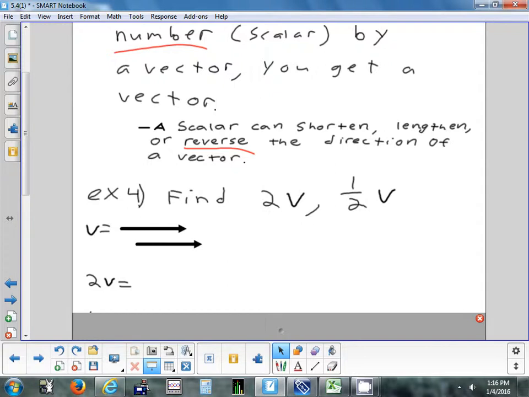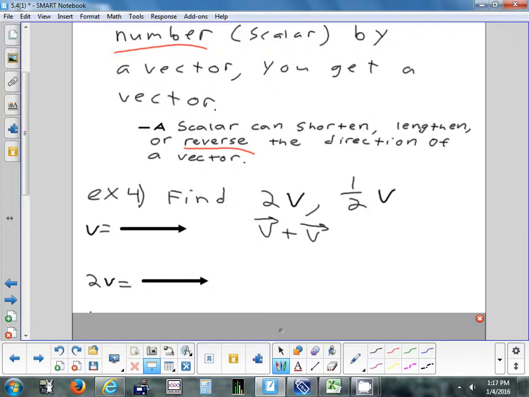Since I'm just doubling it, I can do it exactly. I could estimate it, but what could I do to get it exact? Put them both together. Think of what 2V means. It really means to take a V and put it with another V. Take two of them and put them together. So if I make a second copy, put them together, that's exactly 2V without estimating anything.